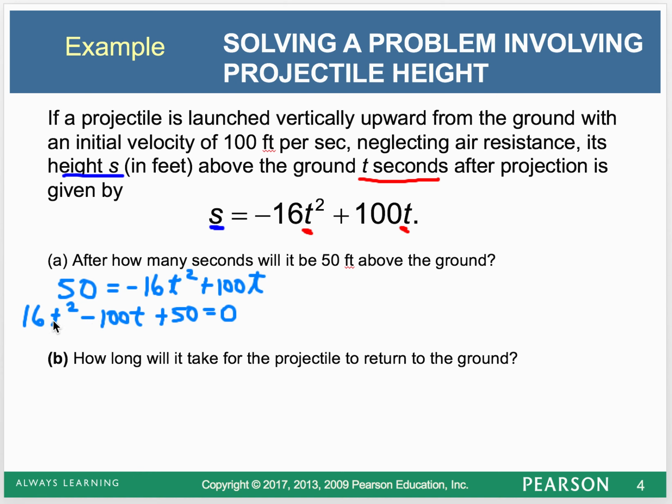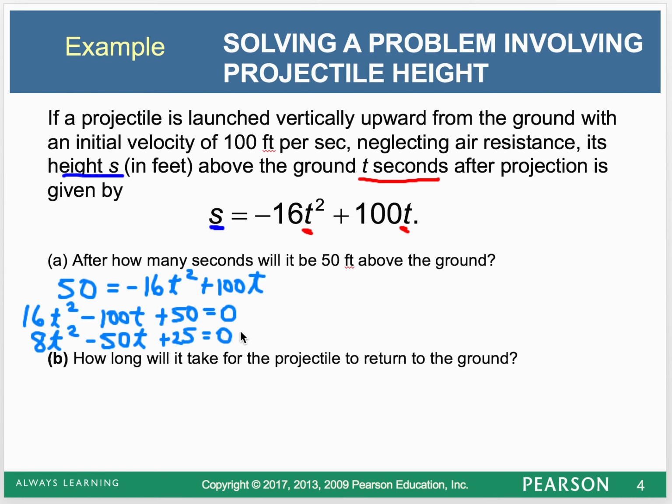Okay, once again, my numbers are quite large, so let's see. I know they're at least even. I can cut them in half. 50 is not divisible by 4 or 8, so I can't go any further. But let's divide everything by 2 at least. Get a little bit of help there. 8t squared minus 50t plus 25 equals 0.